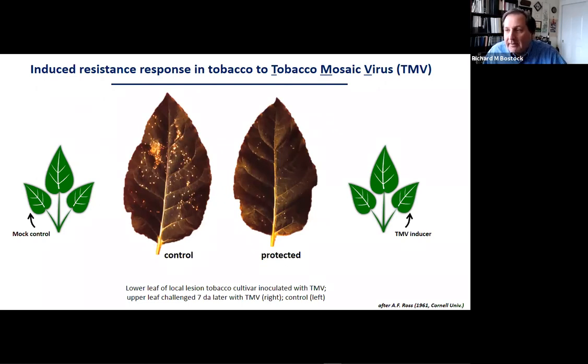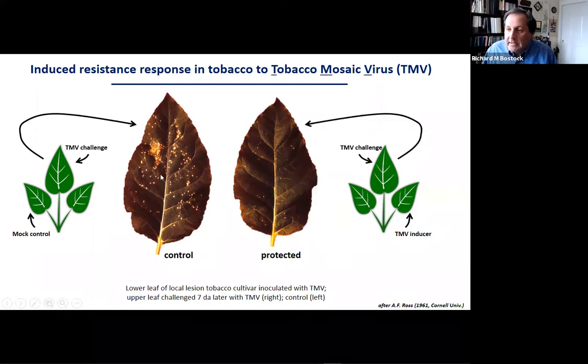interesting work with the tobacco mosaic virus in tobacco, using that as a model system. What he was able to show is that if you treated a lower leaf with water, or you treated it with TMV, the virus, and then you waited 7 days, and then you came back and challenged the upper leaves with TMV, you could see that in the control, there's no protection against the necrosis being induced in this particular variety of tobacco.